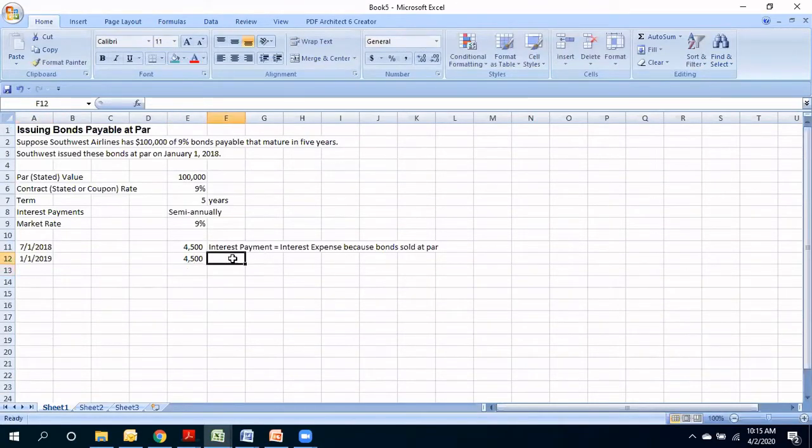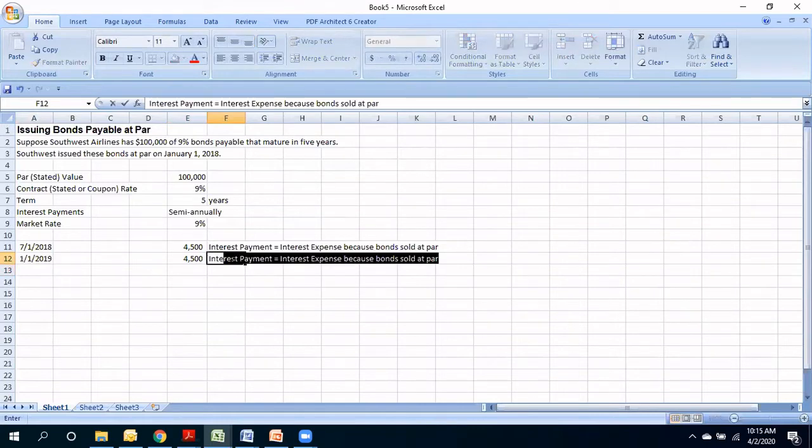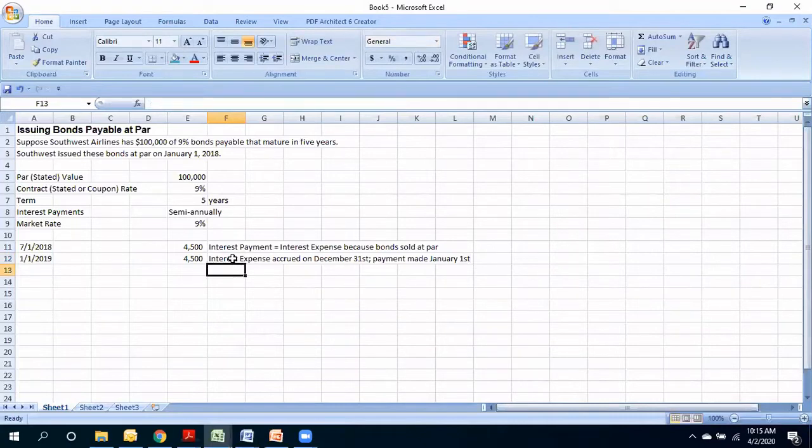I'm going to make a note here: interest expense accrued on December 31st, payment made January 1st. That's because there's been 6 months of the use of that money in 2018, so we have to record the expense related to it as a 2018 expense.